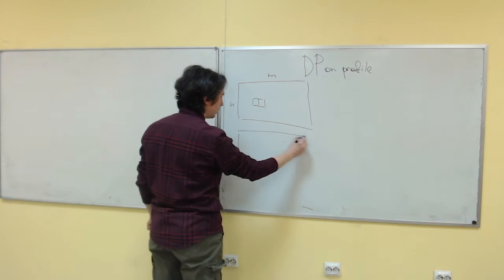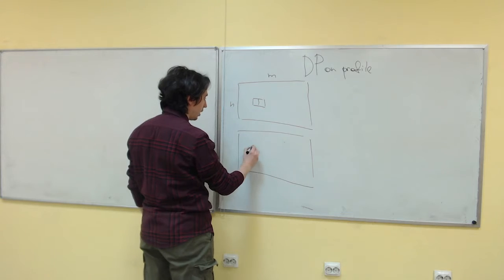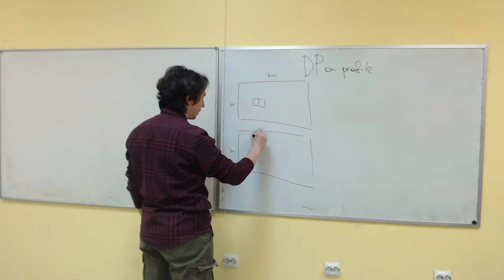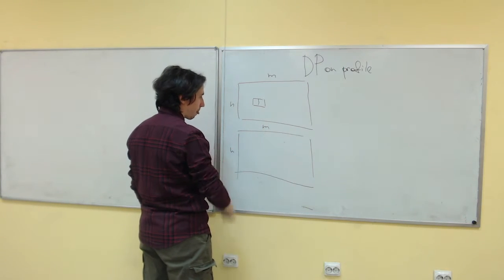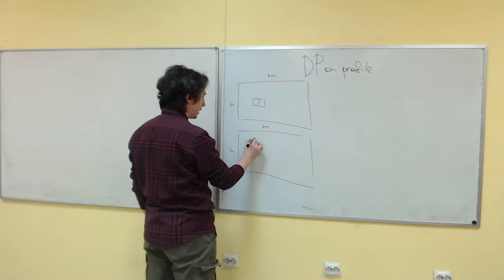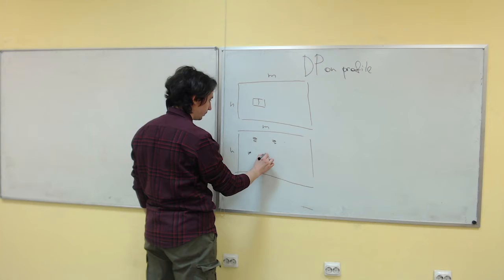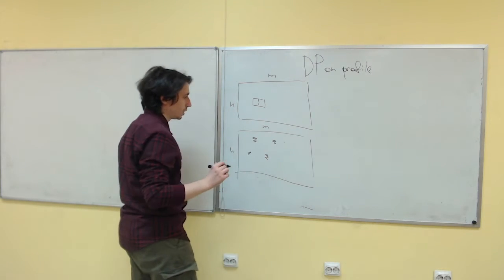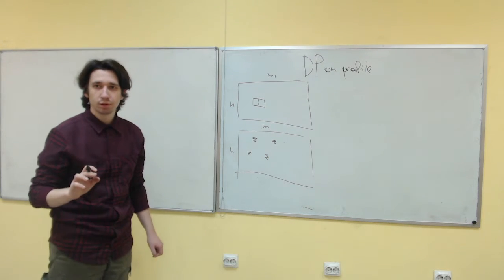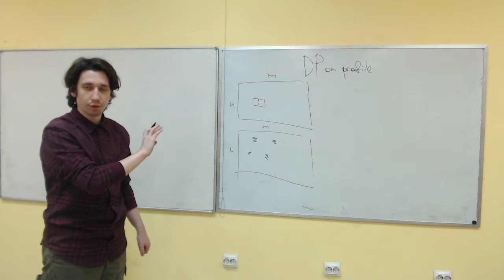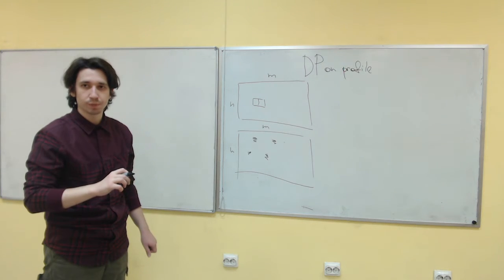Or you are given again the table, and some of the cells are thrown away, and you want to check whether you can fill the rest with dominoes.